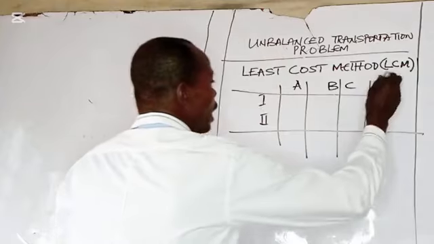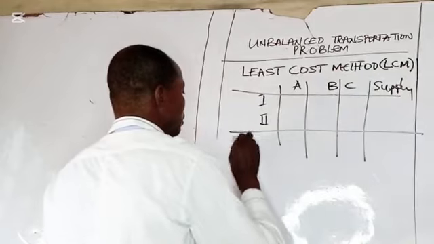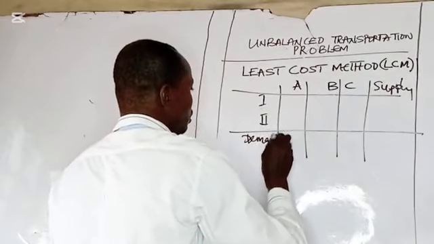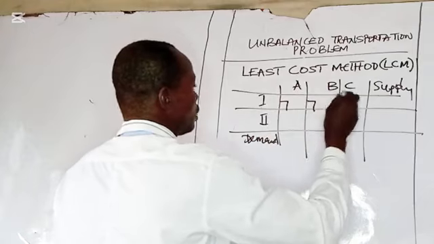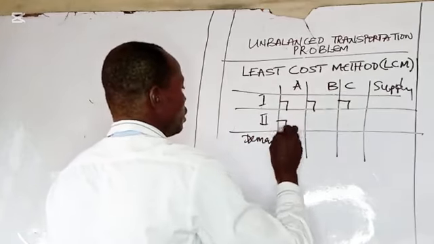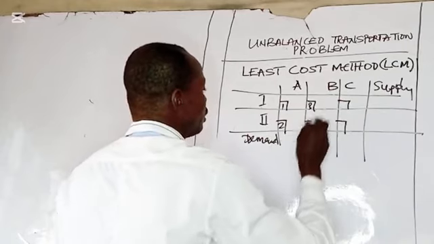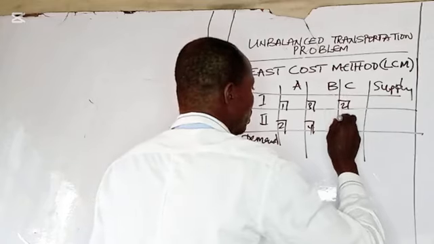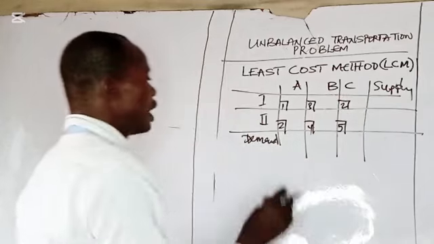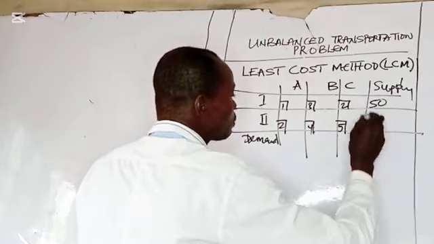If this is supply, this is demand. So you will be given the cost of transport. They have 2, 1, 3, 4, 2, 5. If these are the cost of transport, let us assume the total supply you have 50, 50.